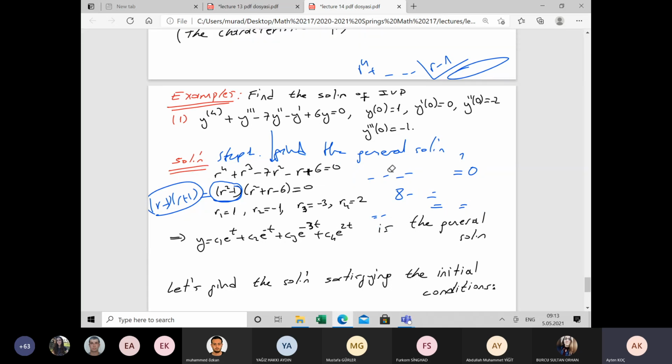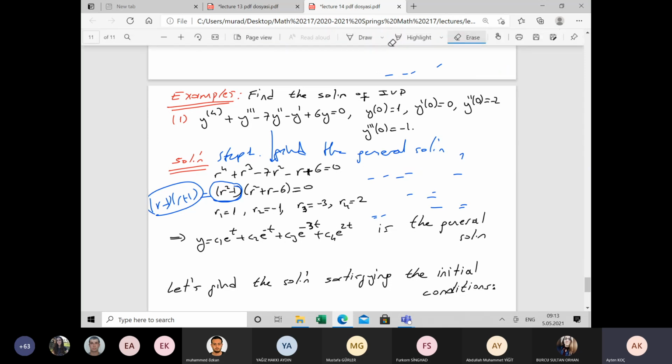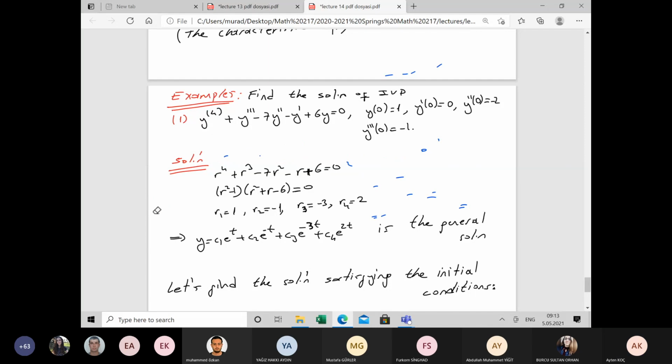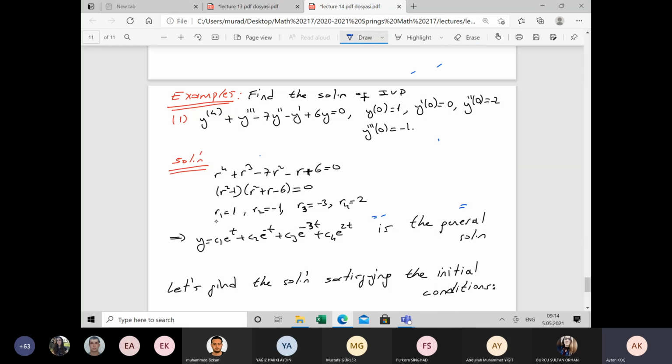Dividing by r squared minus 1, we obtain r squared plus r minus 6 as the other factor. So we obtain all the roots: r1 is 1, r2 is minus 1, and the other factor gives minus 3 and 2.